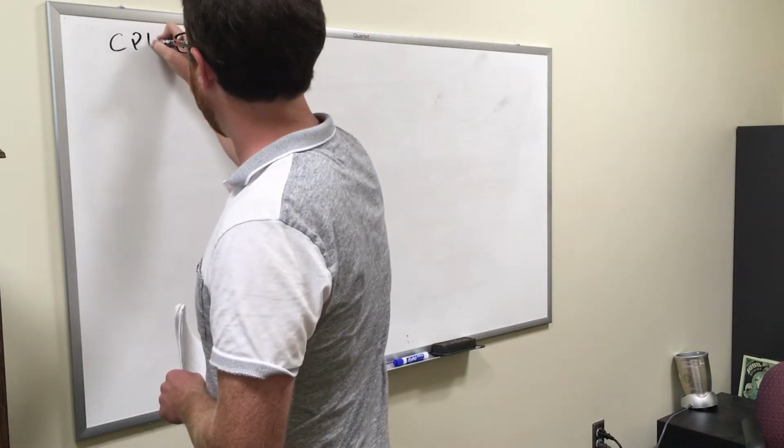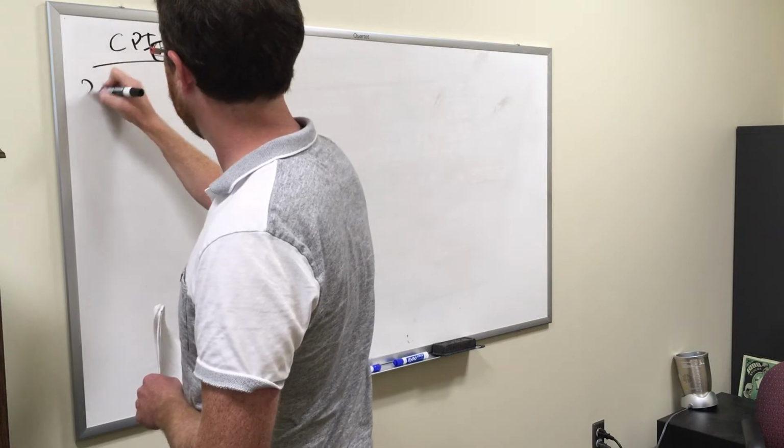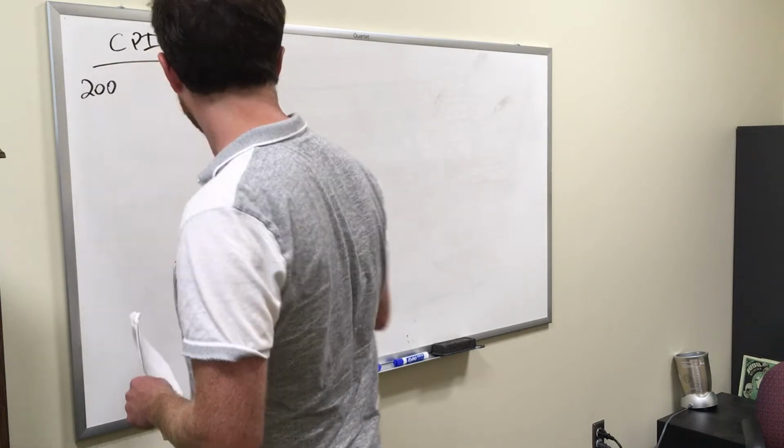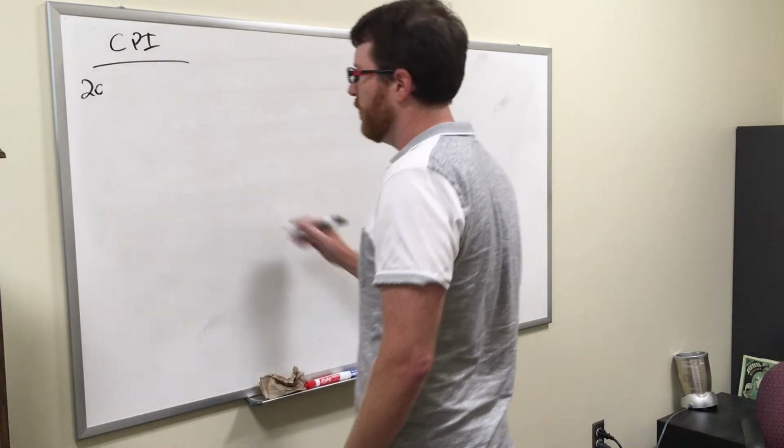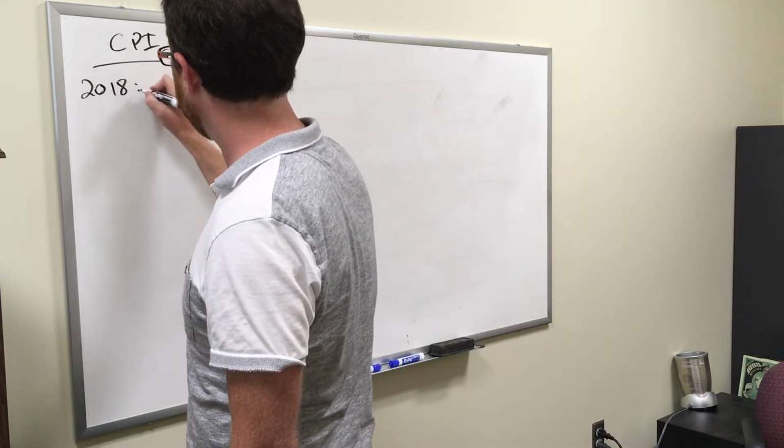So let me give you the CPI for a few different years here. And this is an example I like to use in class because I think it's something you might actually be able to take advantage of.